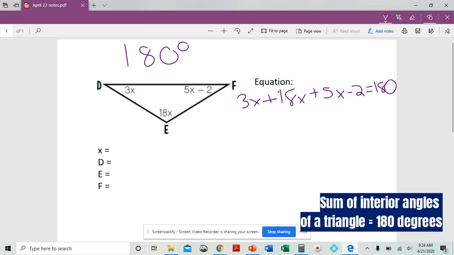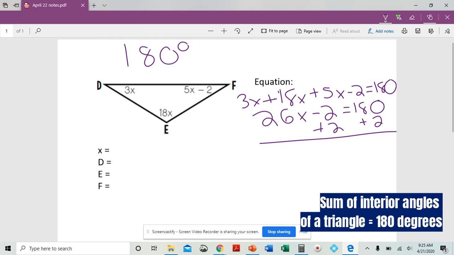Okay, so now we are just going to combine all of our like terms. So we've got 3 plus 18, so that's going to be 21, plus 5, that's going to be 26x, minus 2 equals 180. Add 2 to each side. 26x equals 182.